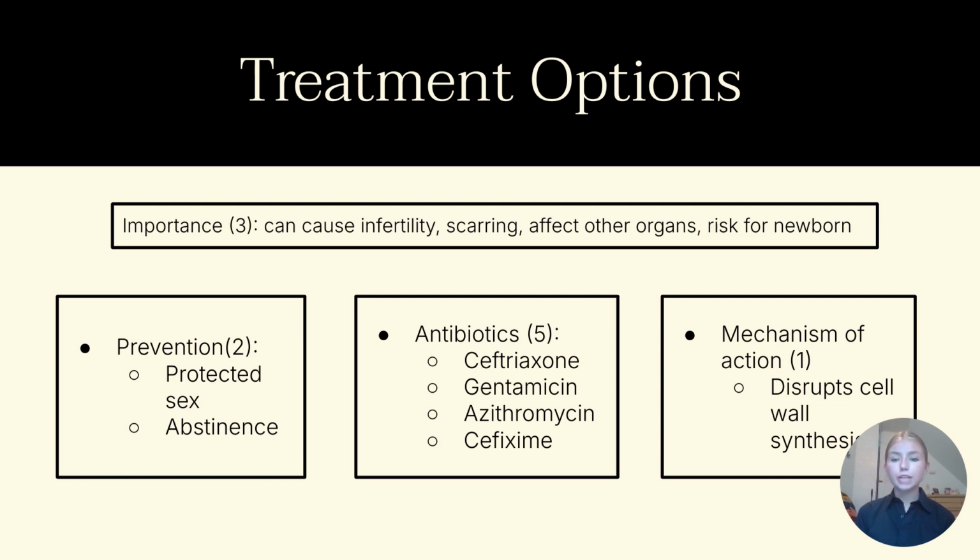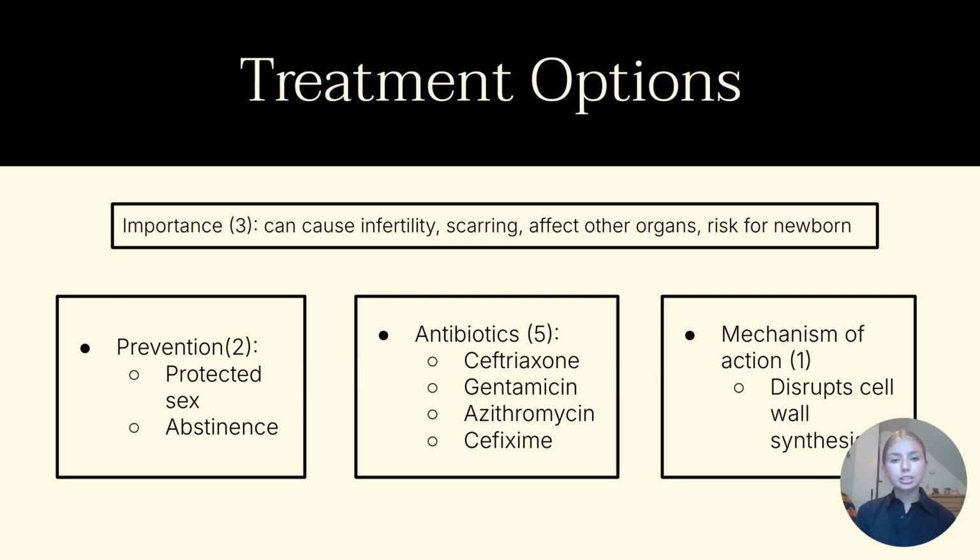Another way includes abstinence, which refers to abstaining or not partaking in any sexual activities. Other ways to prevent this include ensuring that the sexual partner has been recently tested for various STDs, and also limiting the amount of sexual partners that a person may have.